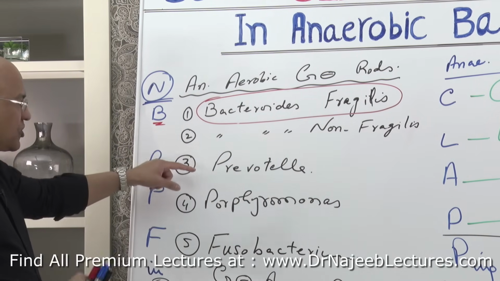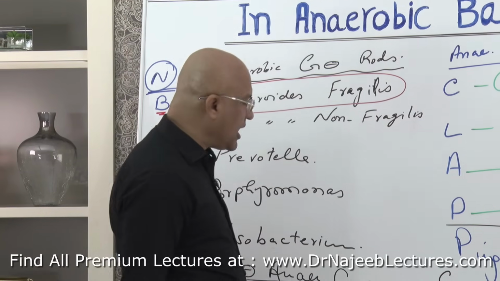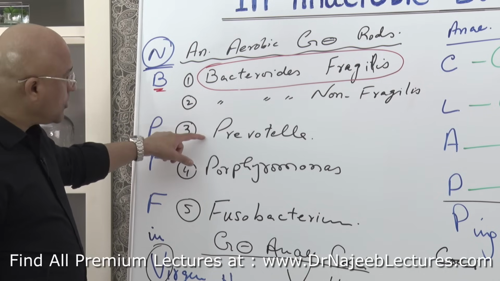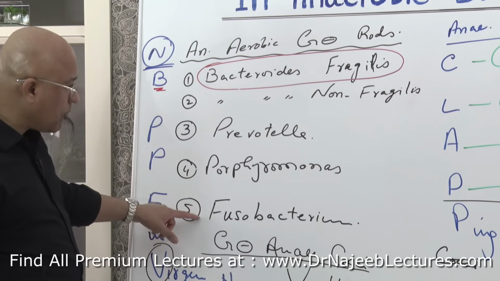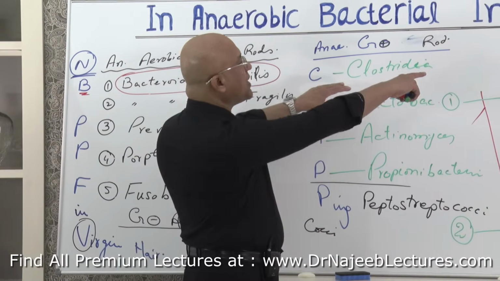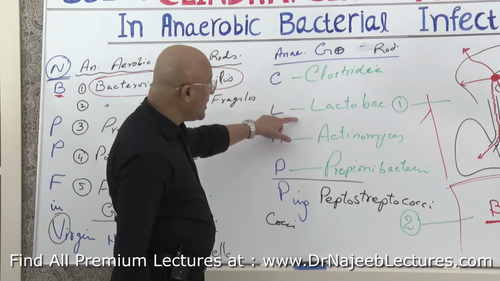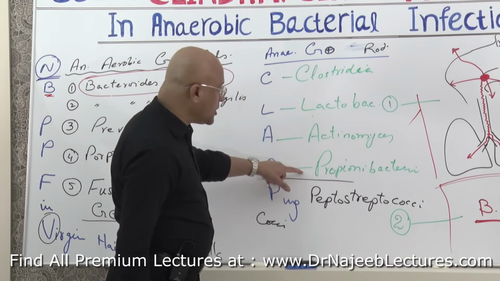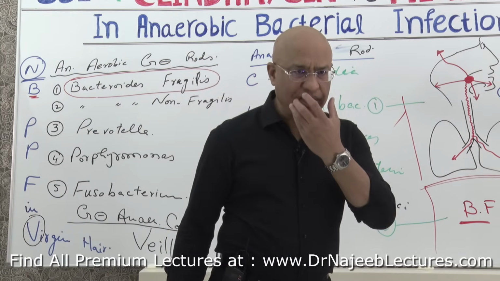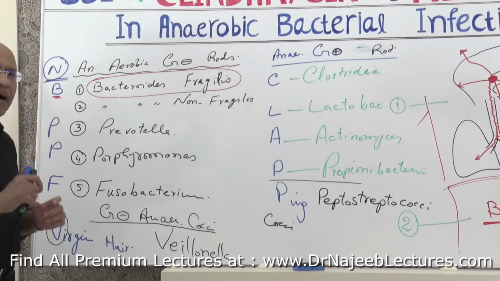And of course, they do have Prevotella, Porphyromonas, Fusobacterium, even they might have Veillonella, but more important are Bacteroides non-fragilis, Prevotella, Porphyromonas, Fusobacterium. Clostridia are less common in the oropharyngeal area, but some lactobacilli, Actinomyces are very common, Propionibacteria are there, Streptococci are there. These are all anaerobic.